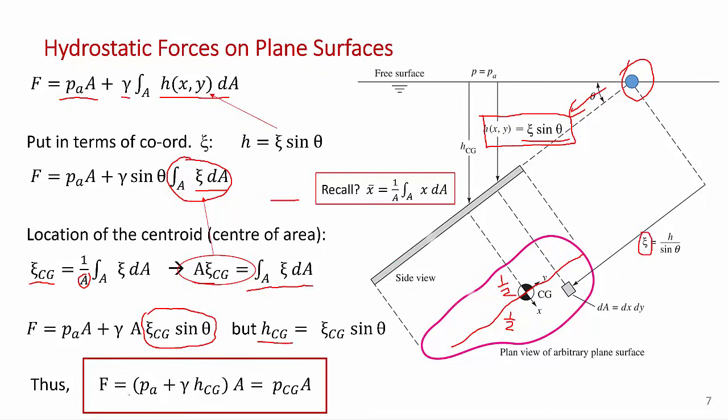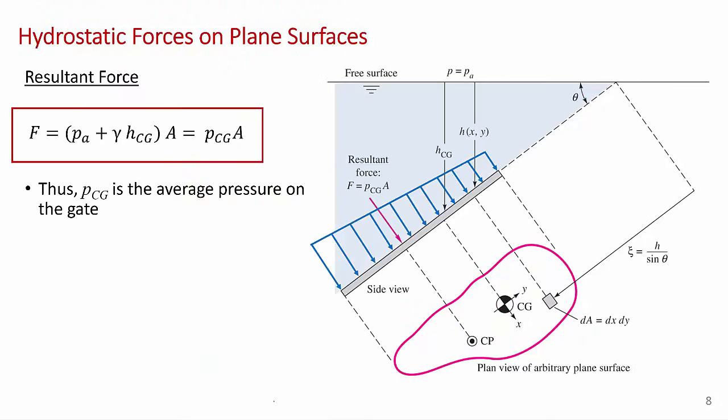The force on the gate is the atmospheric pressure times area, plus the weight of the fluid, gamma times the height of the center of gravity times area. Of course, this is just the total pressure at the center of gravity caused by the atmospheric pressure and by the fluid weight. And so that's the resultant force on the gate.